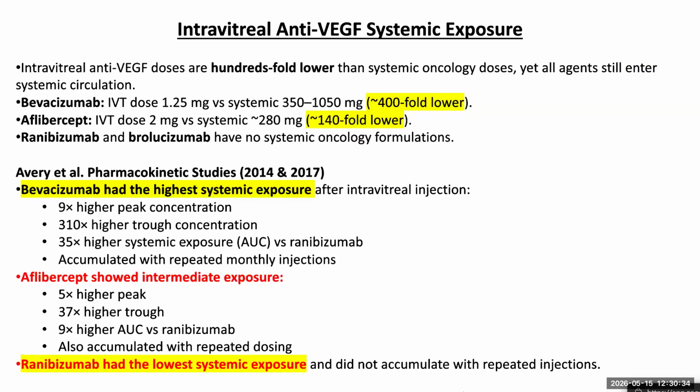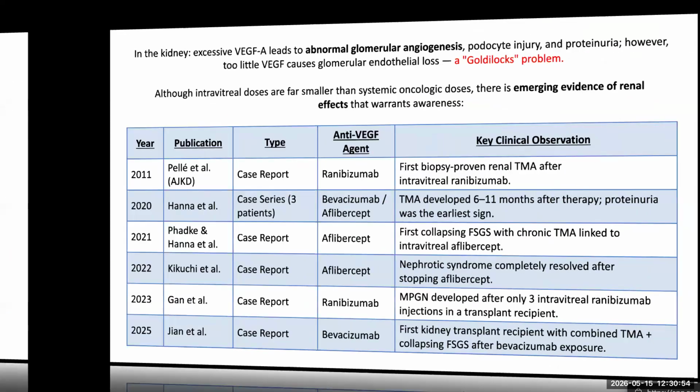Bevacizumab has the highest systemic exposure after intravitreal injection, peaking 9 times higher, with a 3 times higher trough concentration. Intermediate exposure is seen with aflibercept, and ranibizumab has the lowest systemic exposure noted so far.